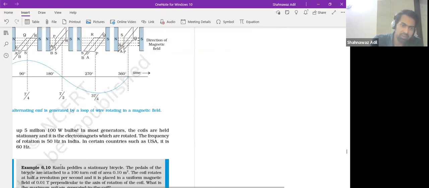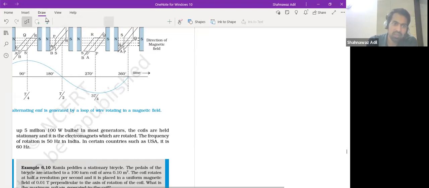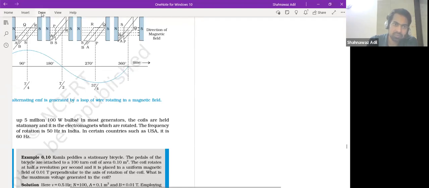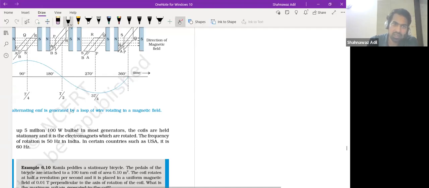The pedals of the bicycle are attached to a 100-turn coil of area. So what are the things which are given?